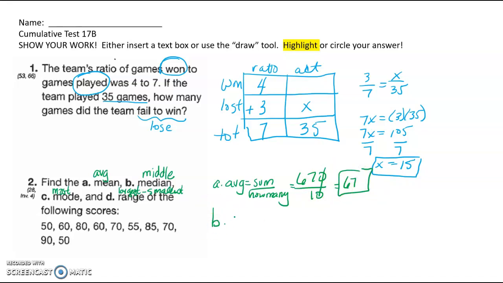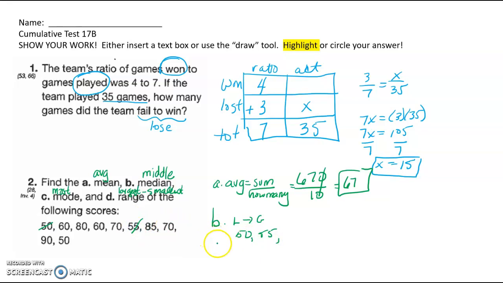B was one of the most missed in the whole thing, and the problem is the median. You're going to have to average the two middle ones since we have an even number of numbers. So we have to put it in order from least to greatest. So we have 50, I'll cross that off. Then we have 55.